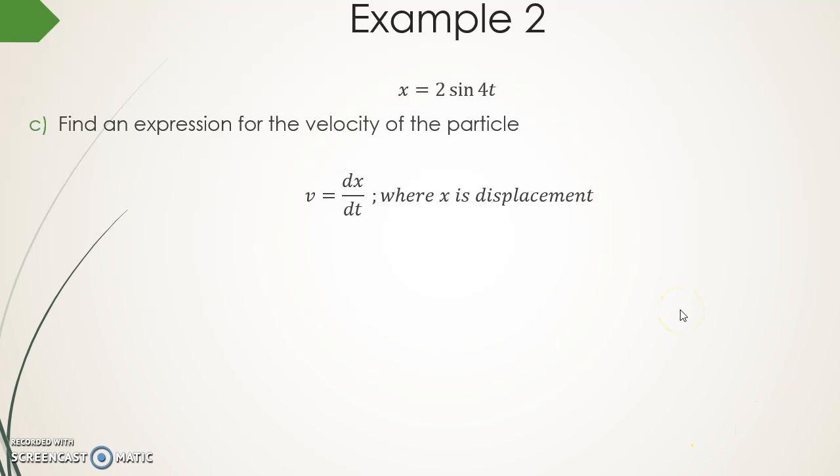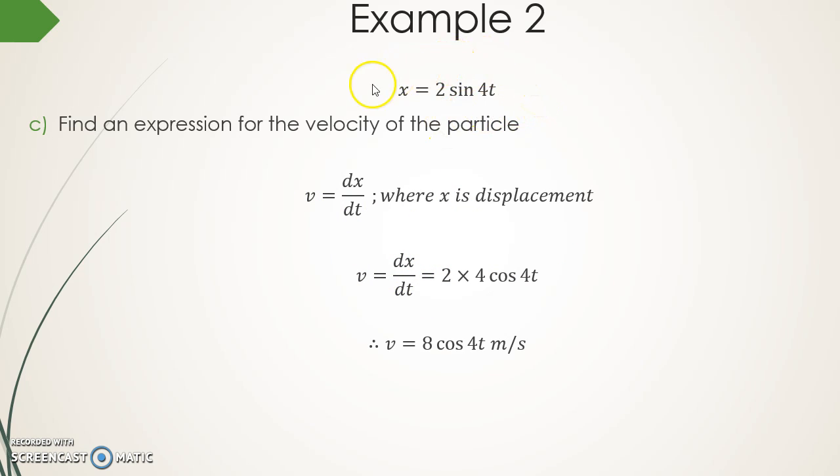Now we want to find an expression for the velocity of the particle. If we remember back to our motion calculus, velocity is the derivative of the displacement. So we can work out the velocity by finding the derivative of our displacement.